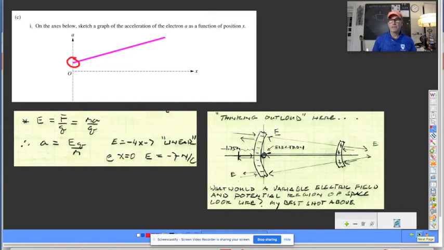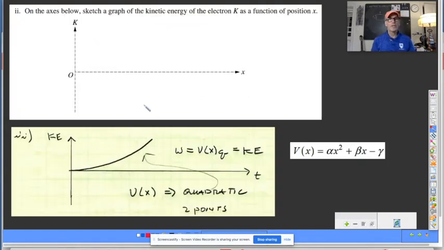Okay, moving right along. On the axis below, sketch a graph of the kinetic energy of the electron as a function of position x. Let's get an idea of what the shape of the graph is. So we're going to start with work equals electric potential times Q, which is equivalent to the kinetic energy.